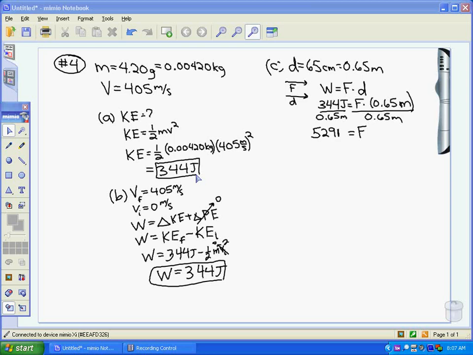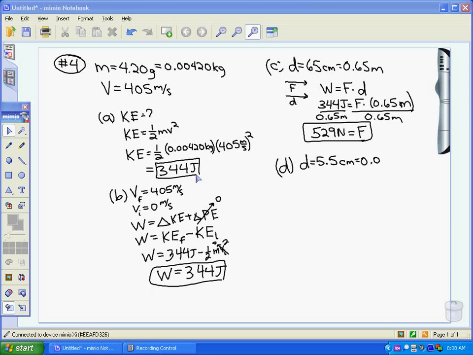And finally, it says the bullet comes to rest by penetrating 5.5 centimeters of hardwood. What is the average size of the stopping force? So in this one, our displacement for stopping is going to be 5.5 centimeters, which is equal to 0.055 meters.